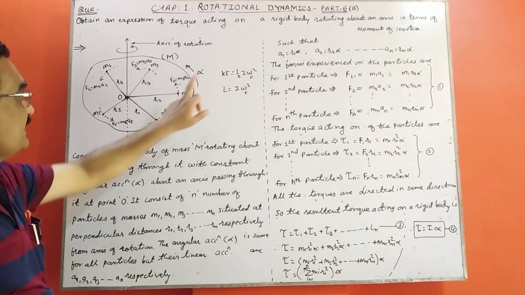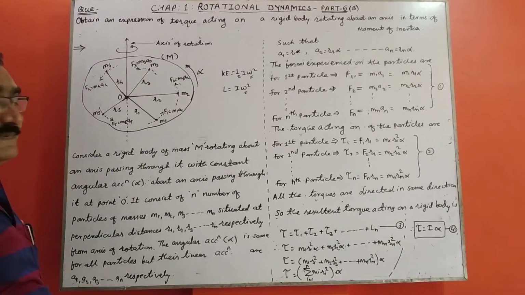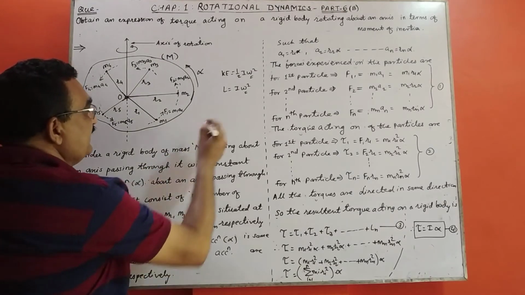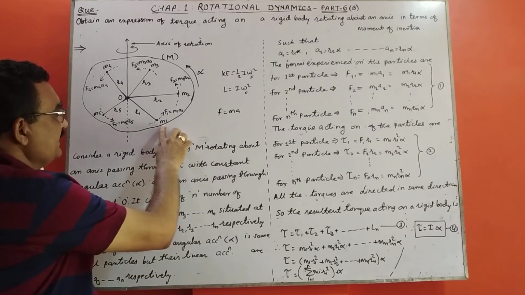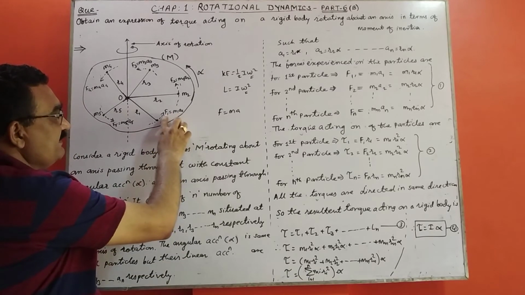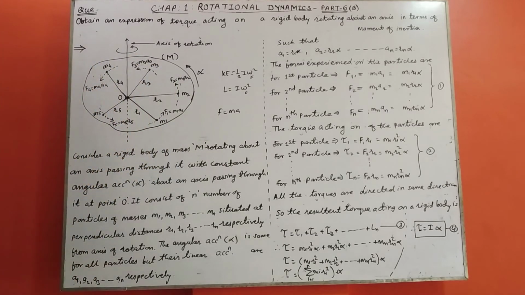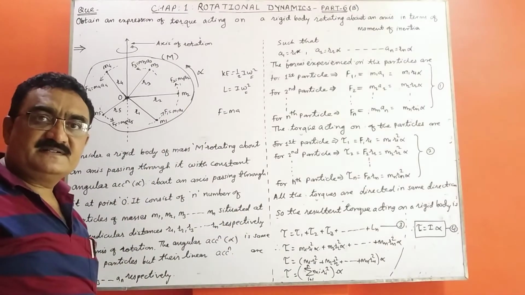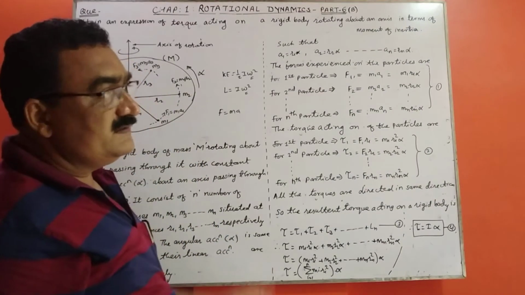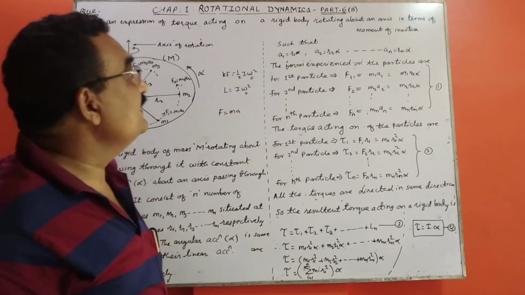So angular acceleration means here linear accelerations a1, a2, a3, and by Newton's second law F is equal to ma. So for the first particle m1 a1 is f1, m2 a2 is f2. In this way we can show the forces, and from this we can write this theoretical part, like in the two previous questions of kinetic energy and angular momentum.